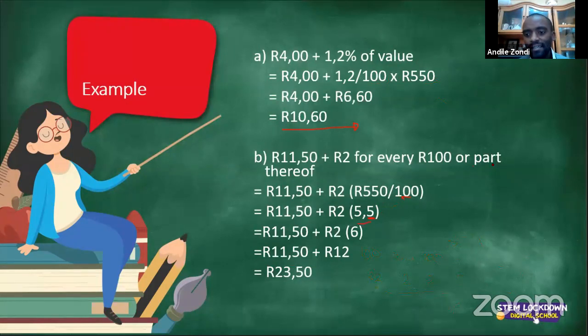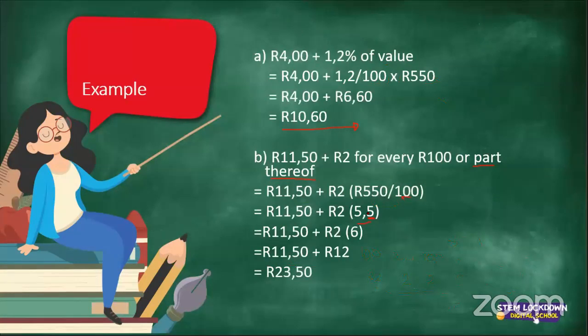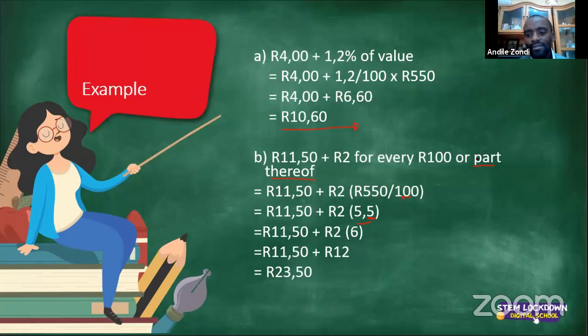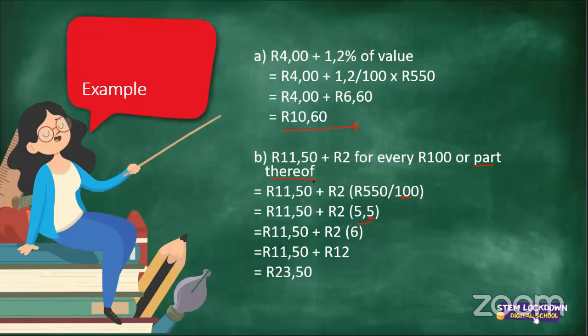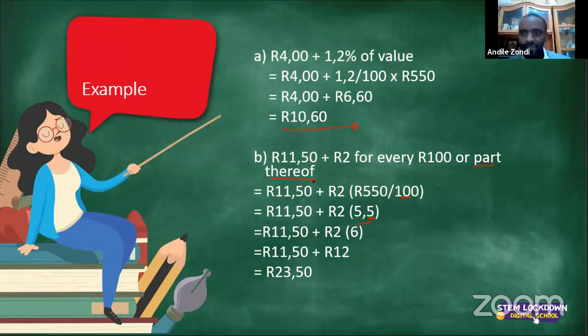This statement says part thereof. Do you understand? Yes, sir. So a part 50 will be charged as a whole because of this statement which says part thereof. You understand? Okay. Yes, sir. Okay. Lovely question. Thank you.